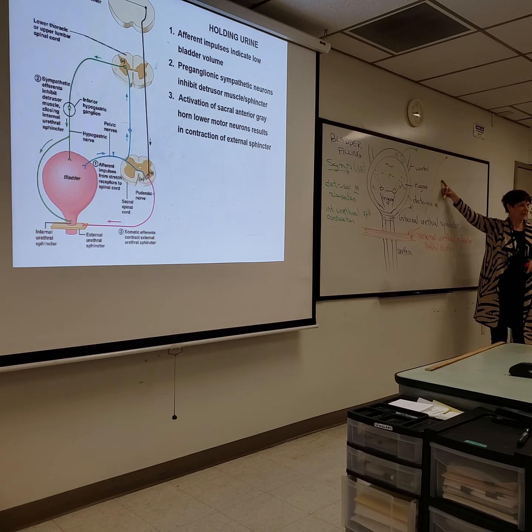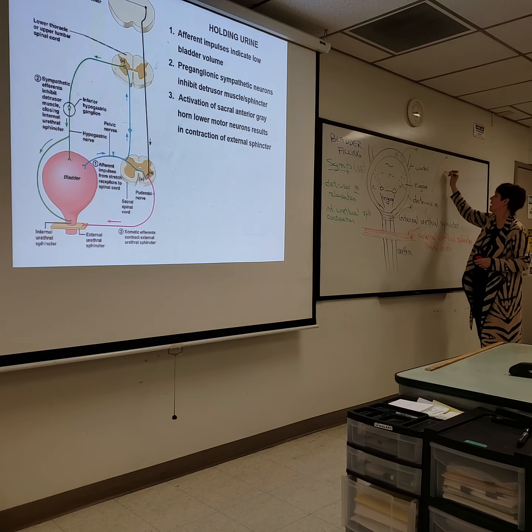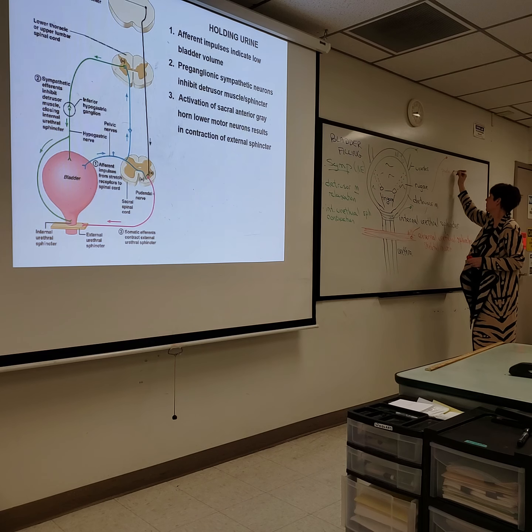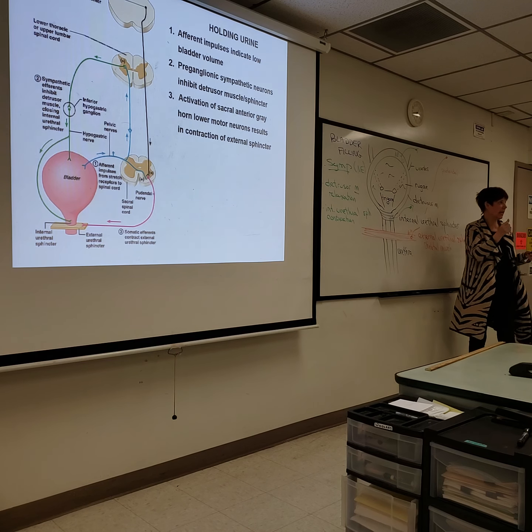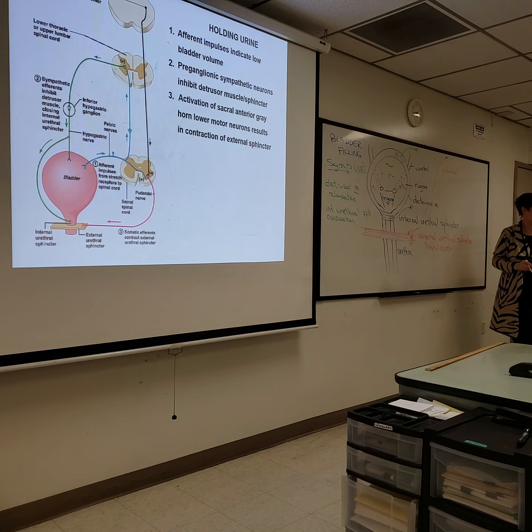The pudendal? Pudendal nerve. Yeah, so this is going to be a lower motor neuron in the pudendal nerve. And it's going to be active as well with contraction of the external urethral sphincter. Okay? So all of that is the sympathetic allowing the bladder to fill.